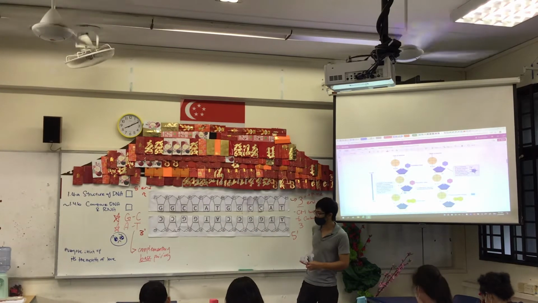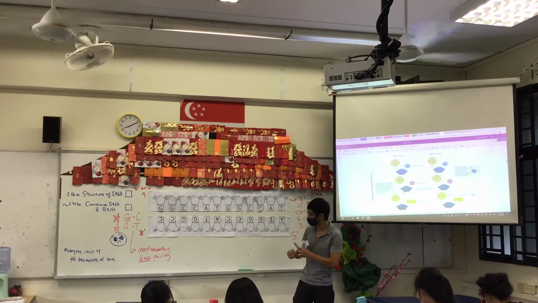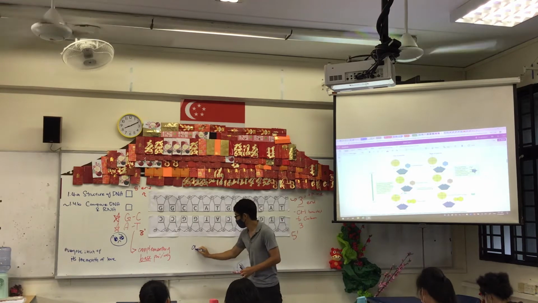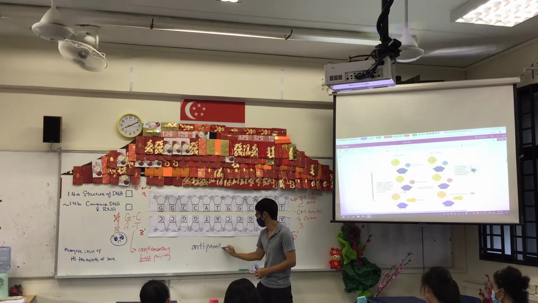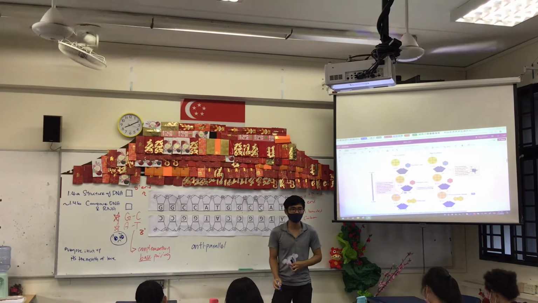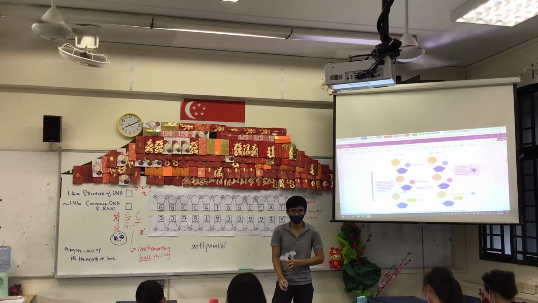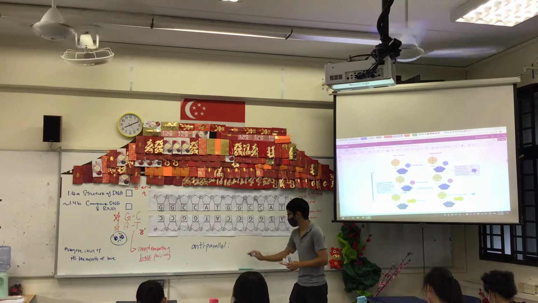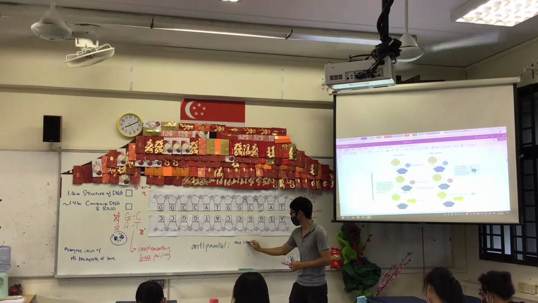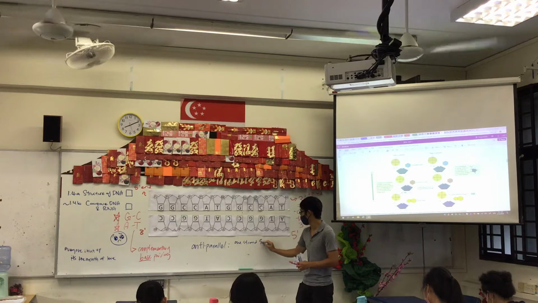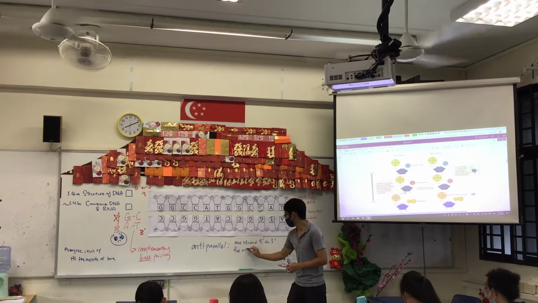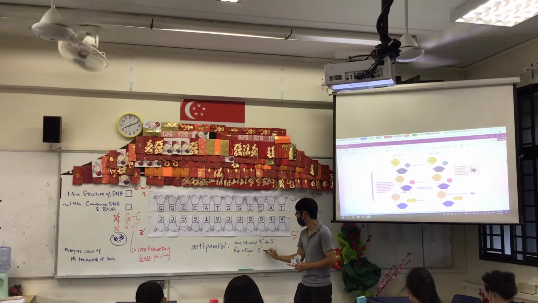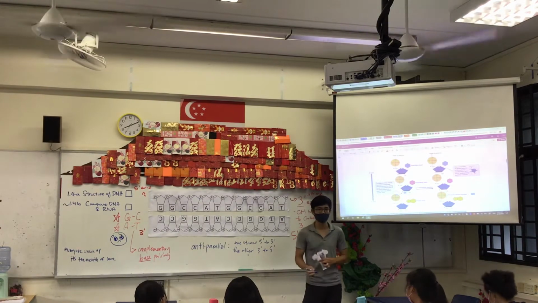The second characteristic that I'd like to introduce to you is called anti-parallel. DNA is often described as anti-parallel. What does it mean to be anti-parallel? One strand goes in the 5' to 3' direction, the other strand in the 3' to 5' direction. That's what anti-parallel means.